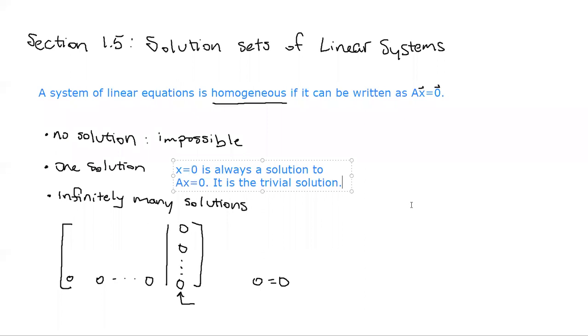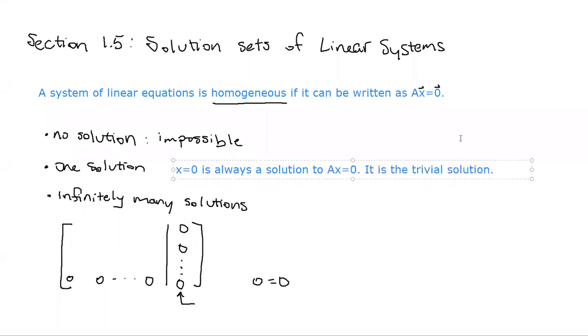This is called the trivial solution. So we will always have a solution to this system, and in fact, the vector x equals the vector 0 is always going to be a solution to Ax = 0. This is because 0 times anything is 0.